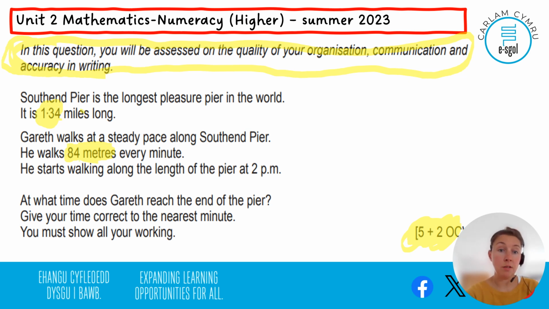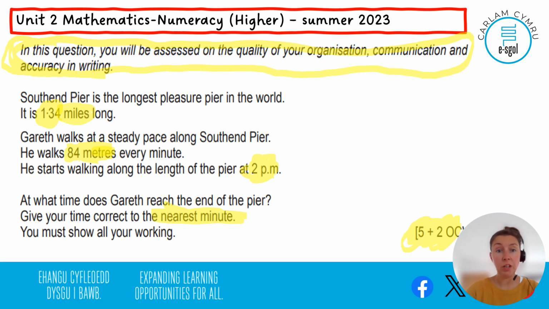So what we need to remember is that's in miles and that's in meters. He starts walking along the length of the pier at 2 p.m. At what time does Gareth reach the end of the pier? Give your time correct to the nearest minute. You also have to remember that as well and show your workings out.